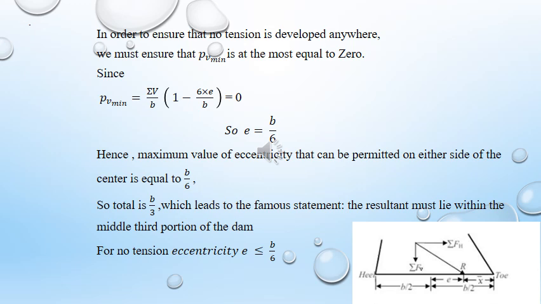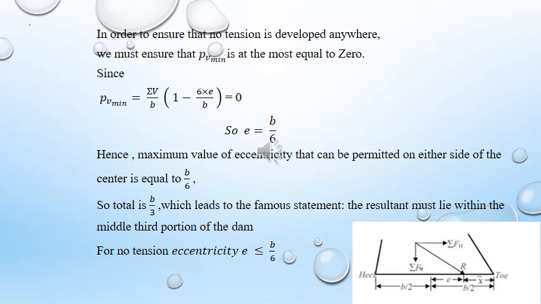So, if the eccentricity is less than B by 6, then there is no tension in any section of the dam. In order to ensure that no tension develops anywhere, the minimum vertical stress at the heel must be equal to 0.